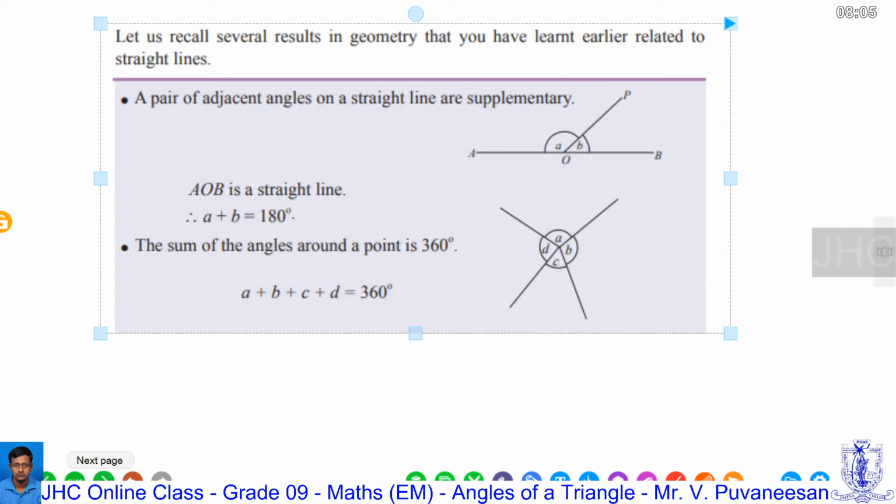Before going to this lesson, we recall the prior knowledge you have learned earlier related to straight lines.